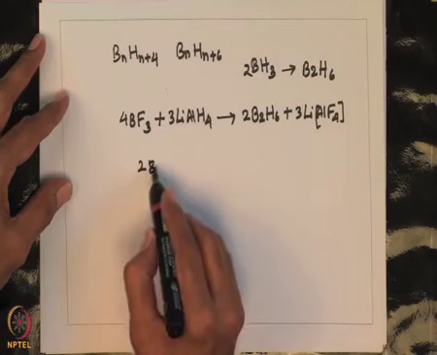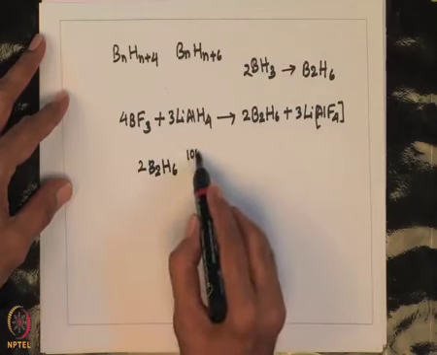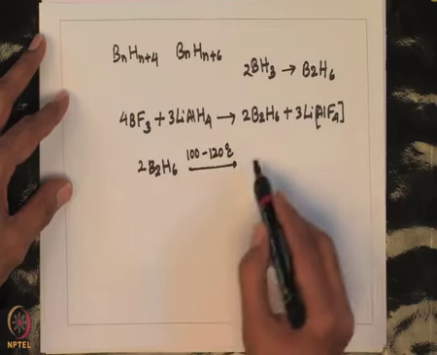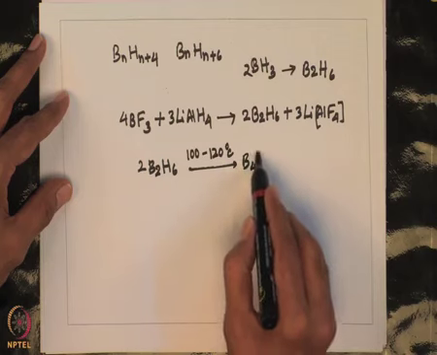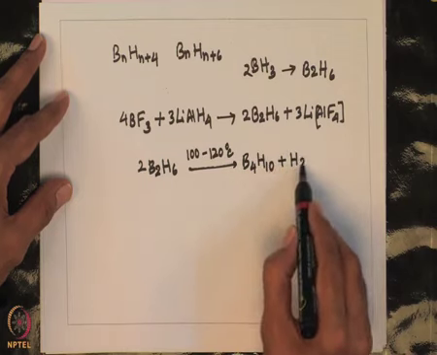For example, when diborane is heated to 100 to 120 degree centigrade, it forms B4H10 and H2 is liberated.